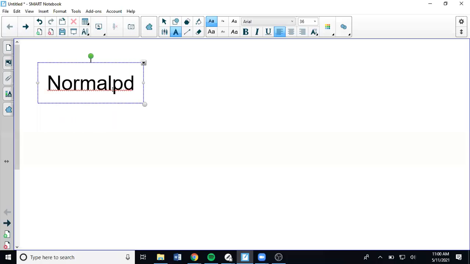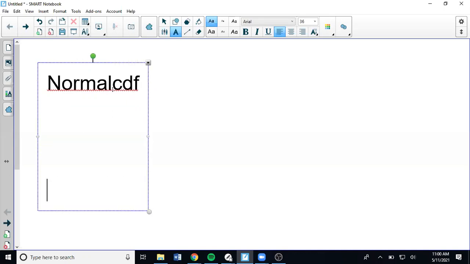First off, normal PDF, don't use it. We never use it. We'll use binomial PDF, but not normal PDF. We're always going to use normal CDF instead. And then our other tool that we have is inverse norm.